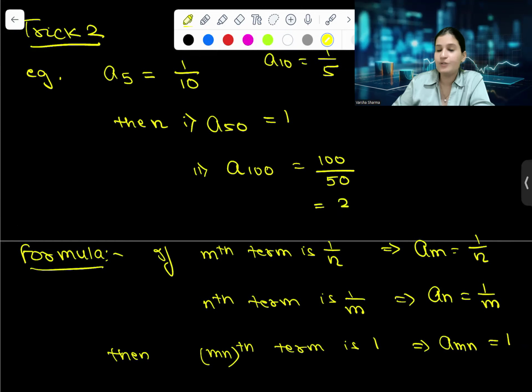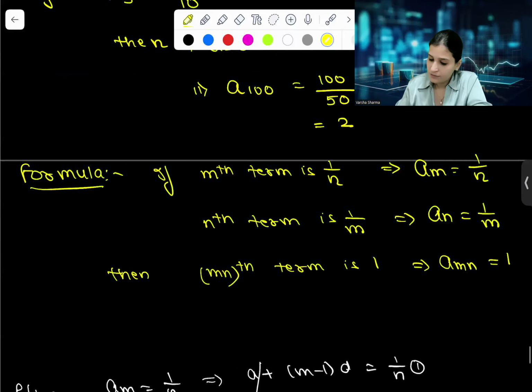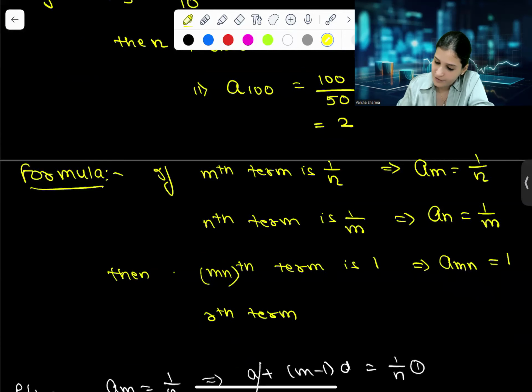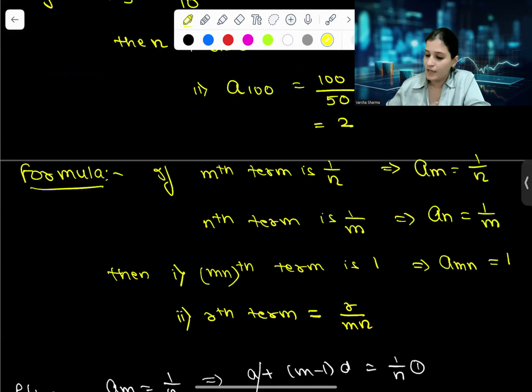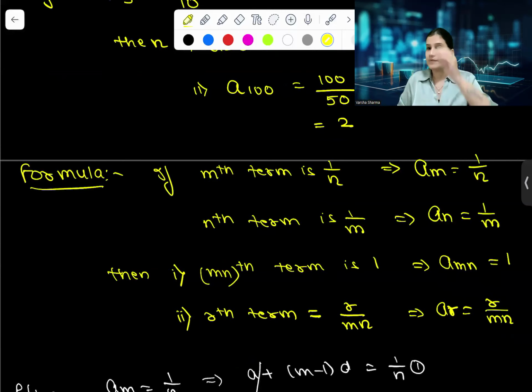So the answer would have been 2. So here, the rth term is r upon mn.